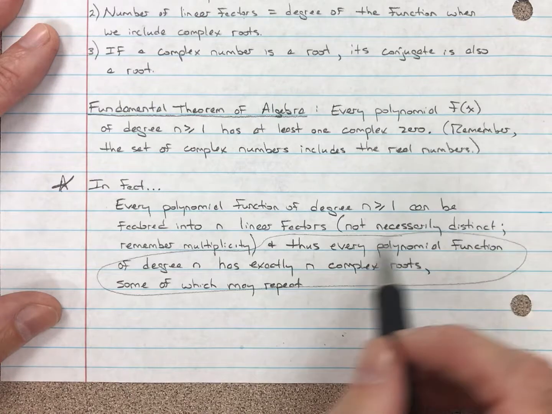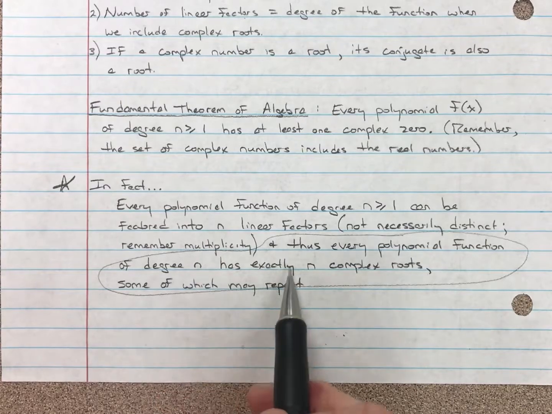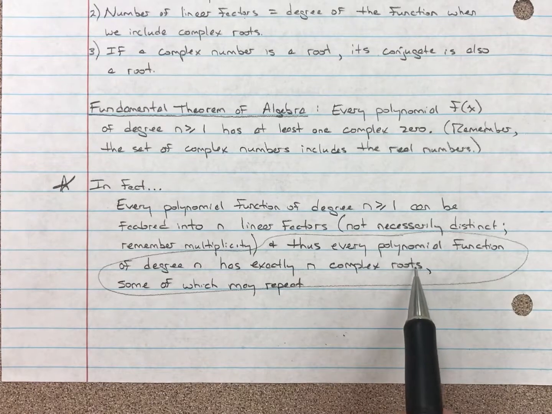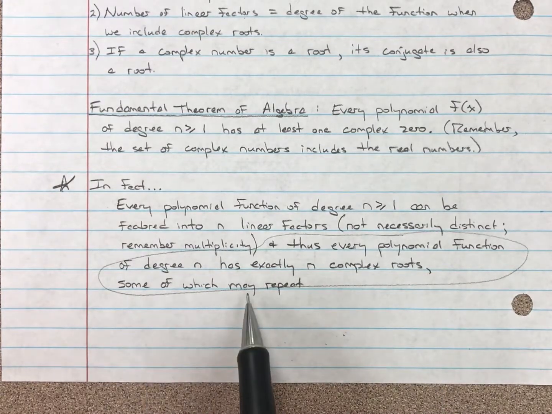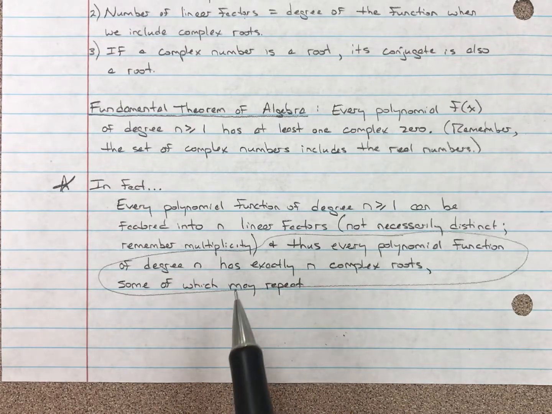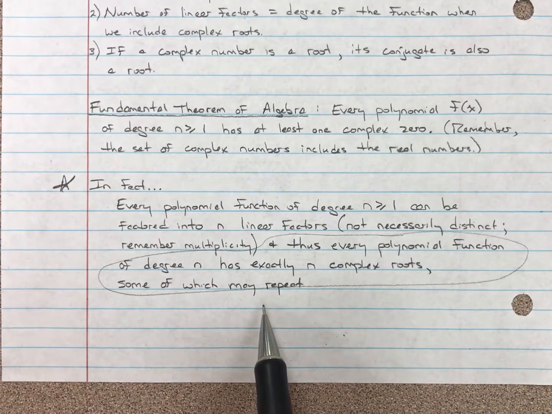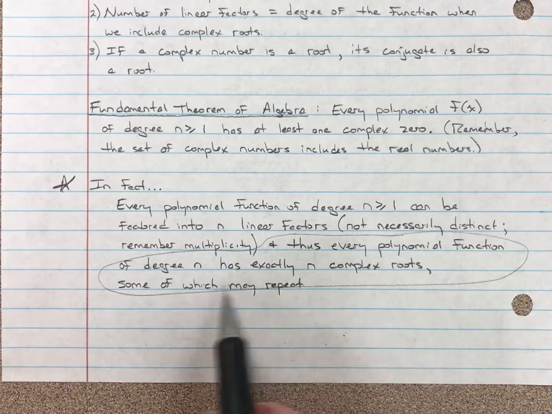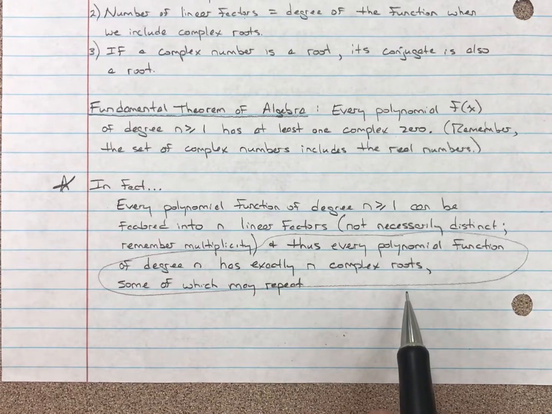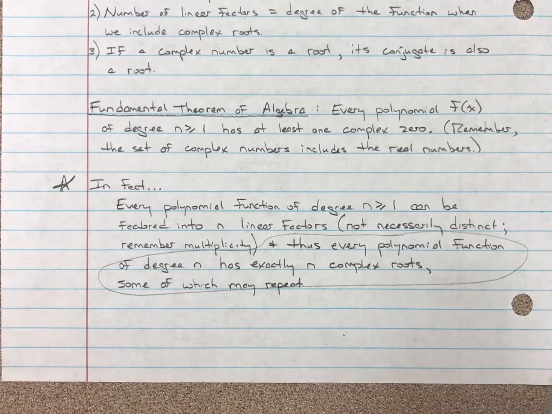I'll circle that piece right here. Every polynomial function of degree n has exactly n complex roots. But you might have some that repeat, so you might have some multiplicity going on, but you can count. If it's a degree 5 polynomial, you have 5 roots. You might have 1 real and 4 complex. You might have 3 real, 2 of those reals repeat, multiplicity of 2, and 2 complex. But every polynomial function of a degree has the same number of complex roots.